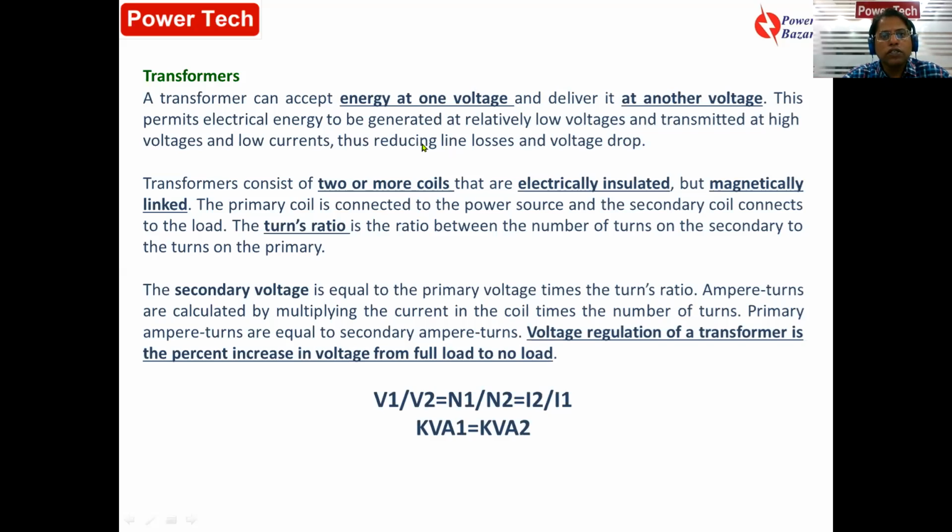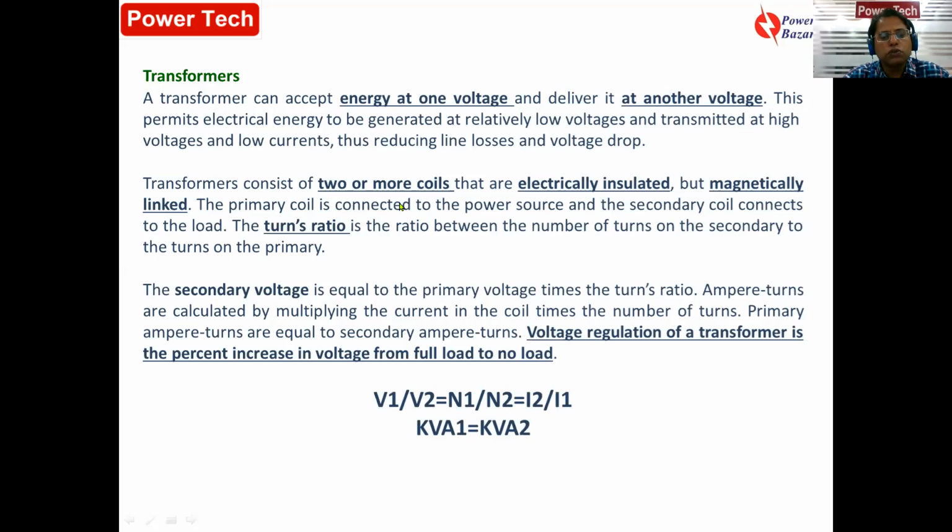The purpose of stepping up or stepping down the voltage is this: suppose you are getting generation voltage at 11 kV, but you want to boost it up so that the transmission loss will be minimum. Therefore, the transformer will increase the voltage from 11 kV to 220 kV so that it can be transmitted over a long-distance transmission line.